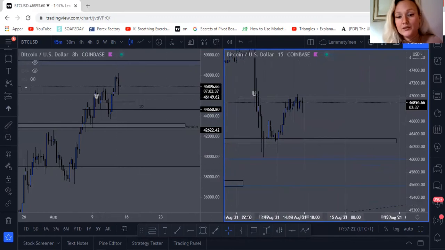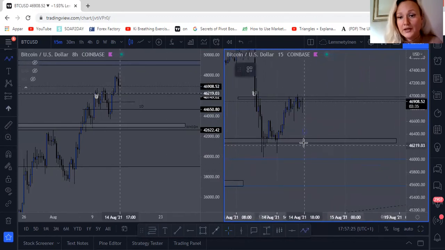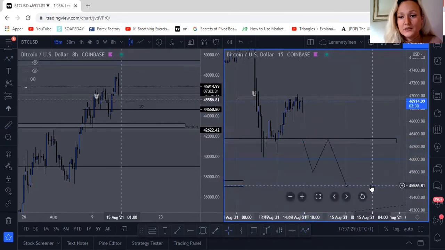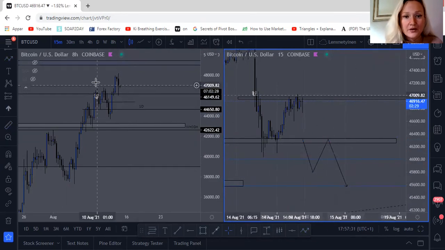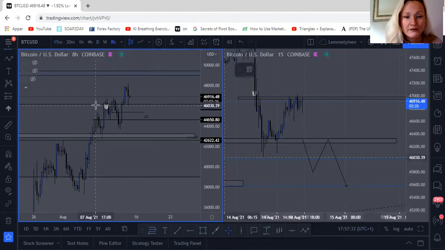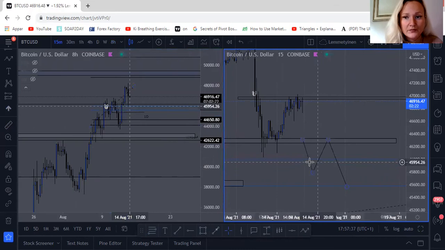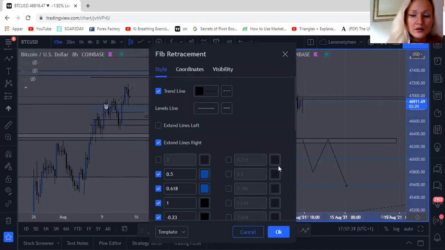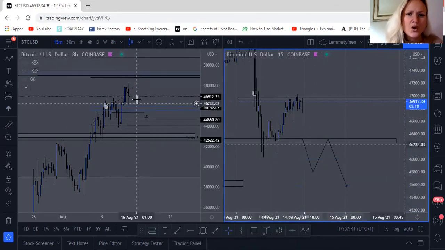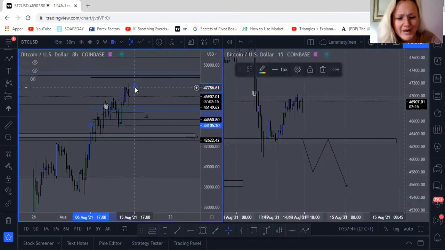And if the market will continue going down further, it might just go like this, no. And what's the area here? You have the Fibonacci, right? You can take this away. I hope you understand what I'm talking about.